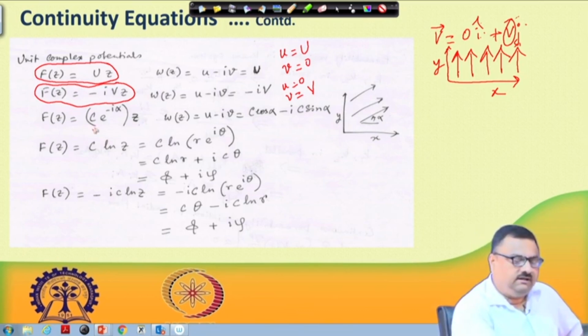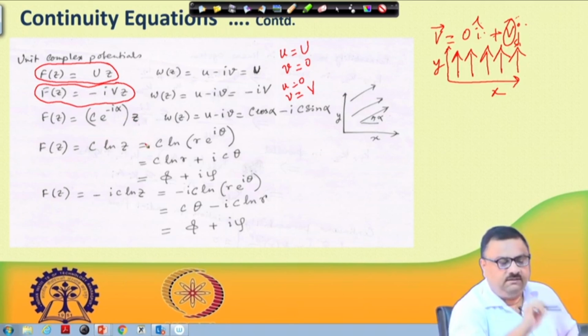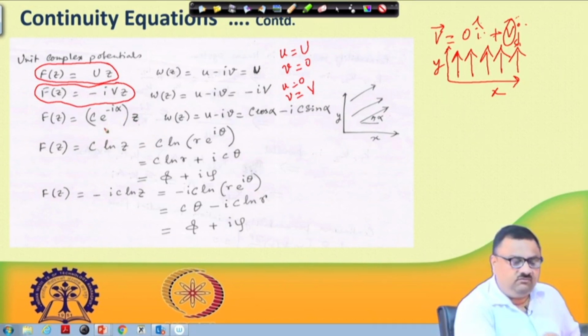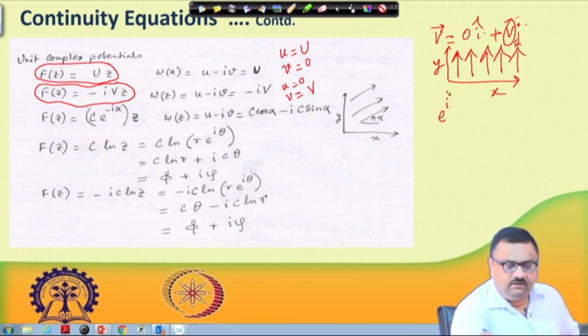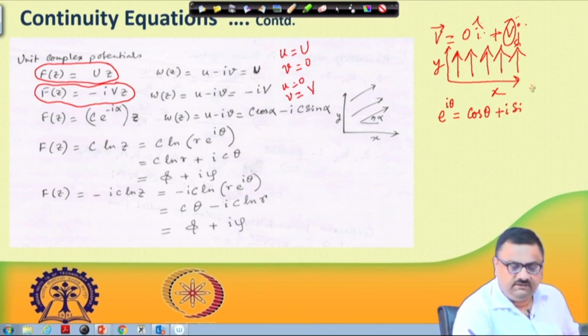Now, if we take the derivative of this expression, fz equal to c e to the power minus i alpha z, recall that e to the power i theta is equal to cos theta plus i sin theta.